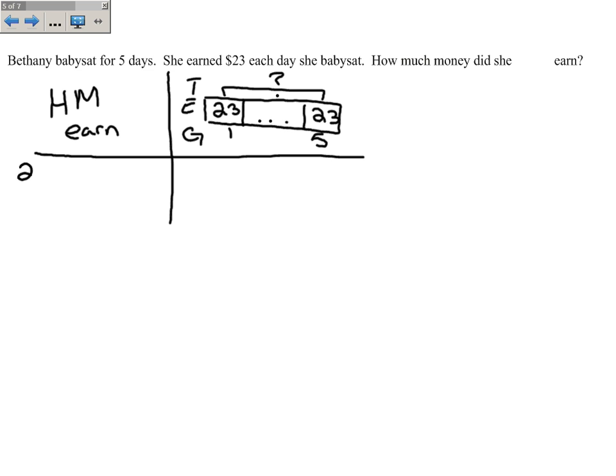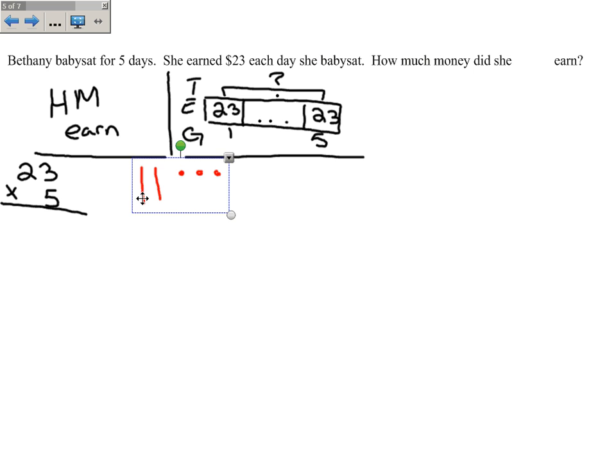Again, I'm going to multiply 23 times 5. Let me erase this so I've got enough room. I'm going to show you using the picture using all 3 methods again, but the first thing I'm going to do is show you the picture method. 23, 2 10s, 3 1s.